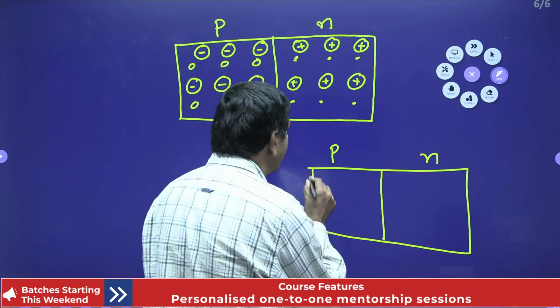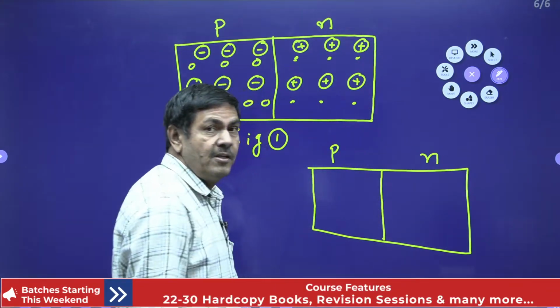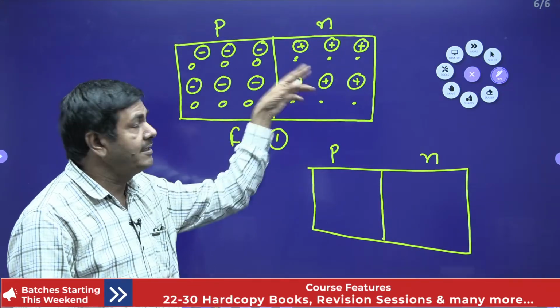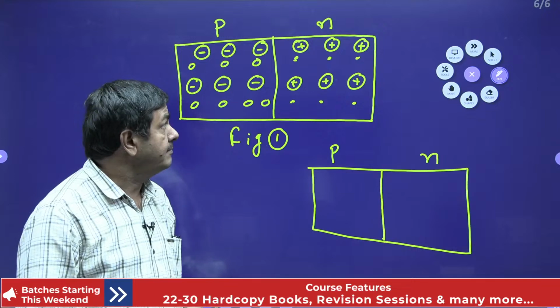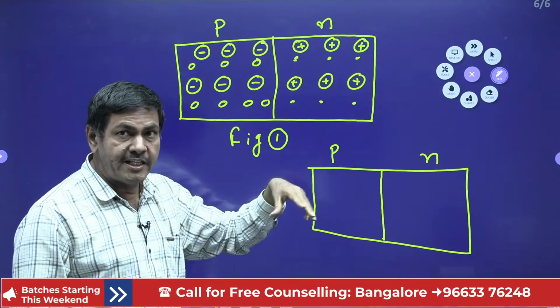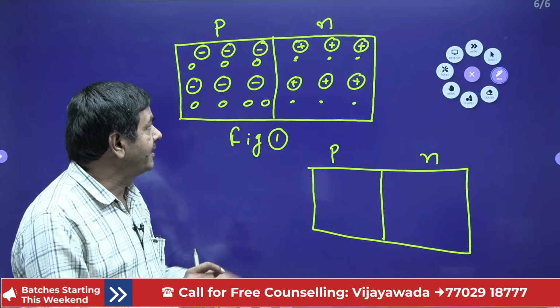On this side you get a number of holes, and on this side a number of electrons. Is the concentration of holes on both sides equal? We cannot find that. In the n-type we have a number of electrons, along with certain minority carriers, which are the holes.